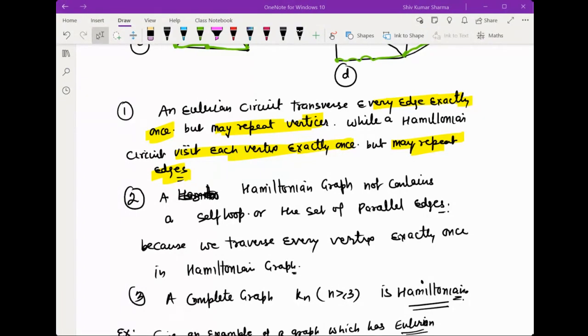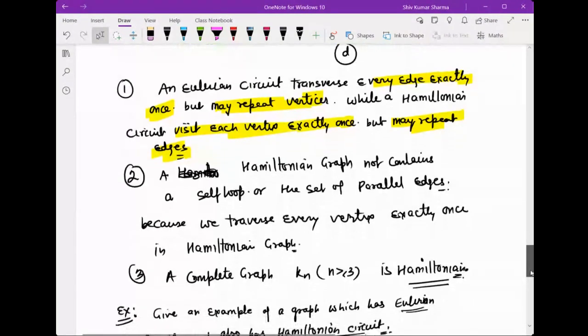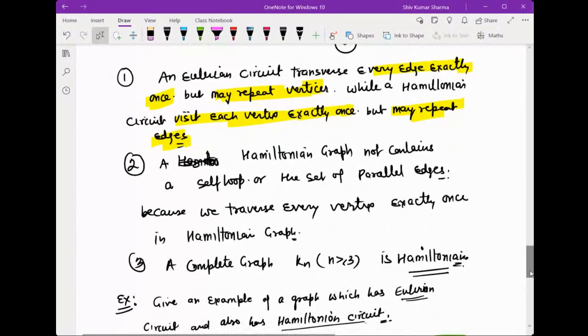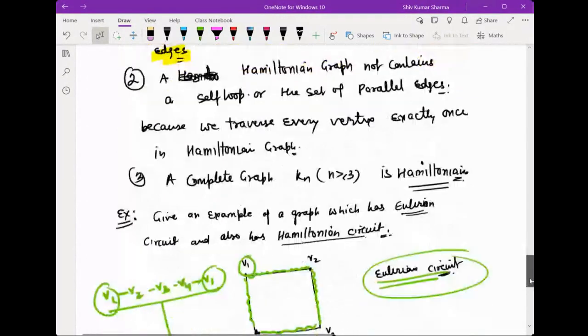Traversing means visiting every vertex exactly once in a Hamiltonian graph. So any self loop or parallel edge will restrict us from visiting every vertex exactly once, and we will repeat twice or thrice. So self loops and parallel edges are not part of the Hamiltonian.